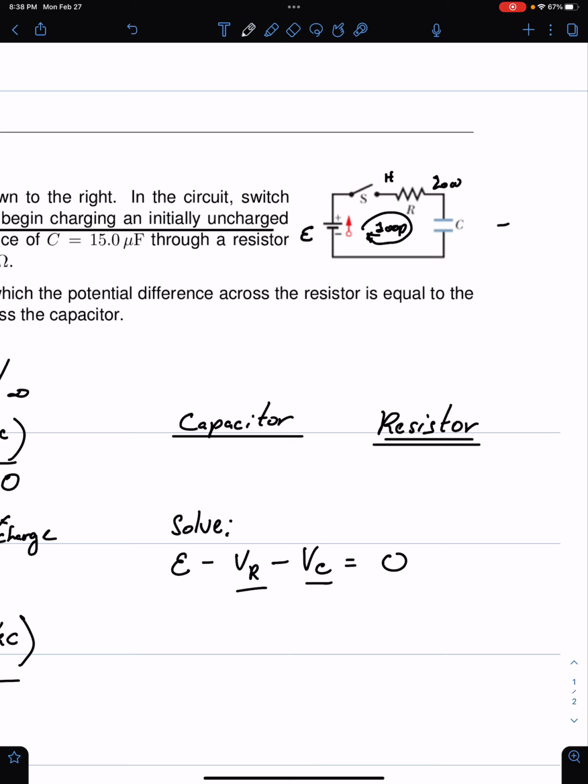And when it comes to the capacitor, since this side right here is positive, it has a high electric potential, and this side right here is negative, it has a low electric potential. So low electric potential minus high electric potential will give you a negative voltage across the capacitor.